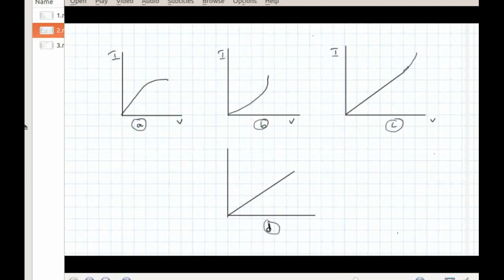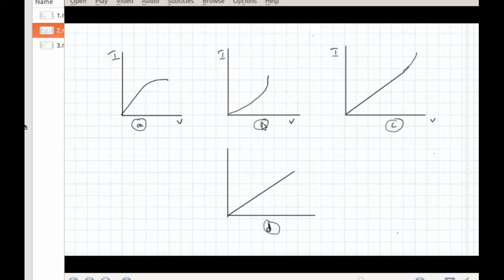And here I have shown you 4 graphs, and can you tell me which of these graphs represent Ohm's law, or that of an ohmic conductor? For A, you can see that the graph gradually increases, then it becomes almost constant.